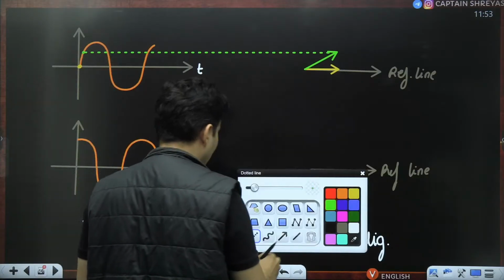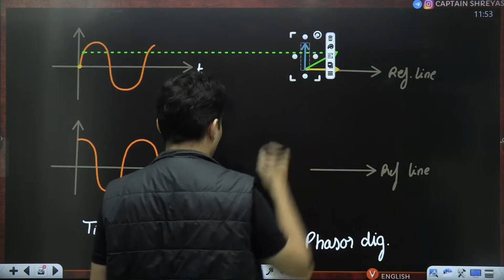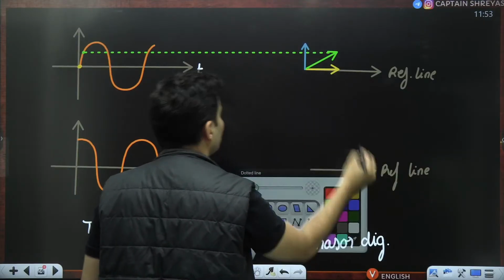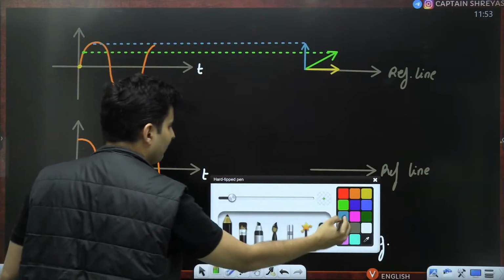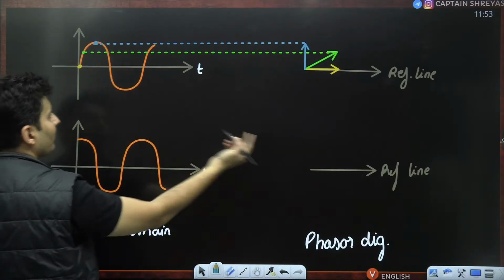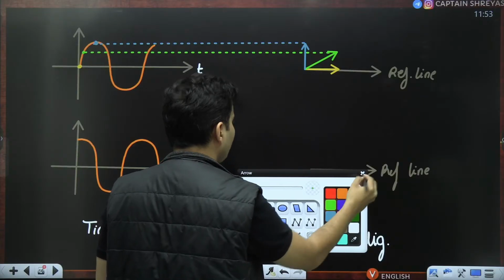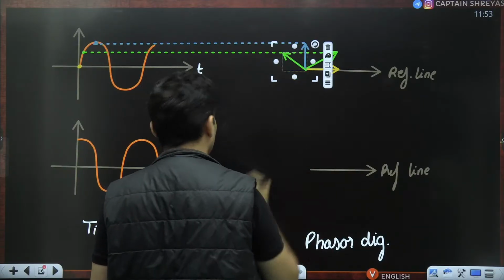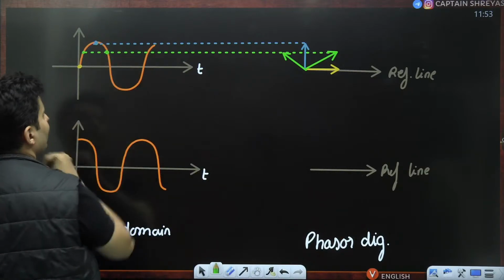After some more time, maybe you reach here, and if you draw the shadow, or projection, you reach here. This is the value after some more time. You wait for some more time, you will reach here, and this is the value that you will get.